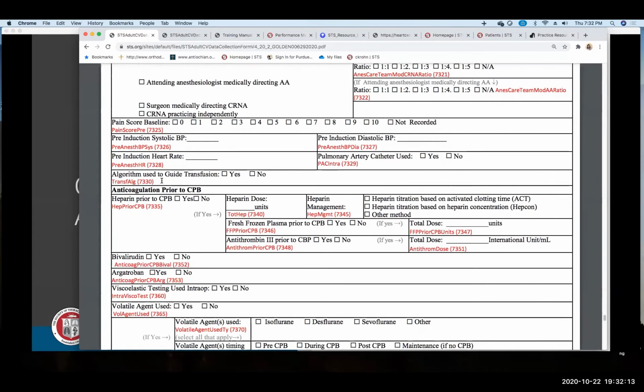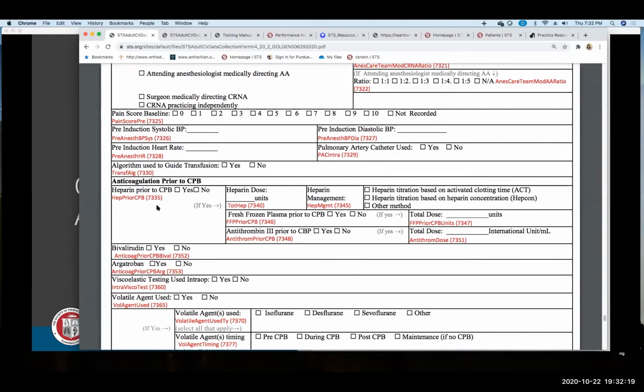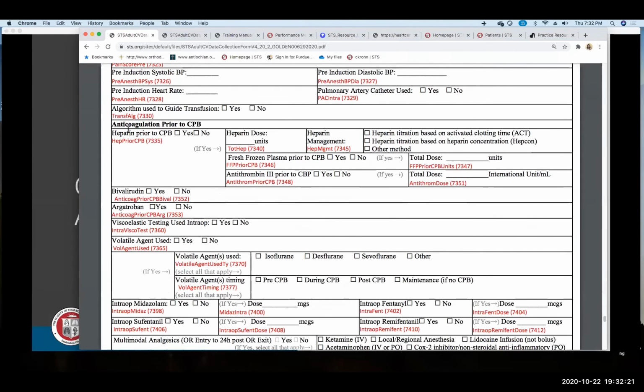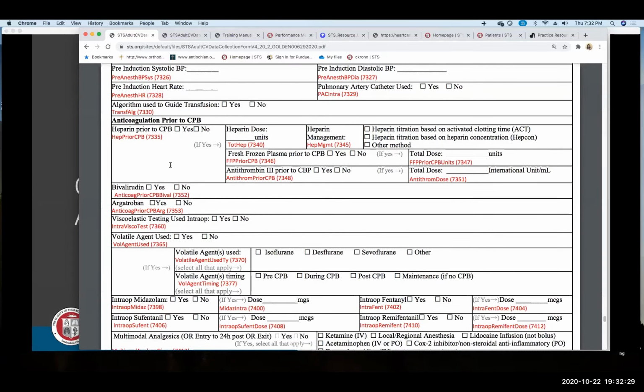We are looking for algorithms used to guide transfusion if your site has one. And then we worked on this section, anticoagulation prior to CPB, quite extensively to modify it and really get down to what is necessary for you all to have good data to make your decisions.